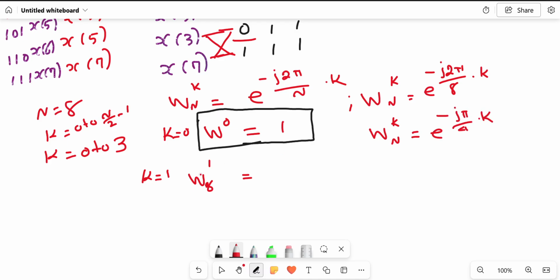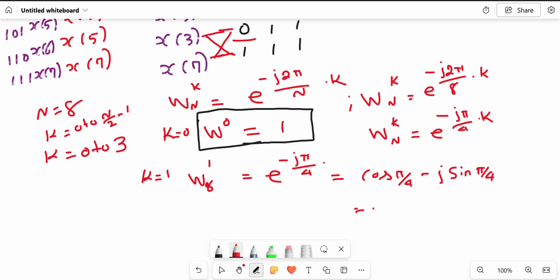So k equal to 1: W_8^1 is equal to e power minus j pi by 4 into 1, which is equal to cos pi by 4 minus j sin pi by 4.